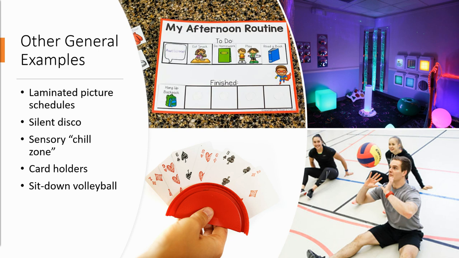Card holders is an example of if a child has difficulty with the fine motor control that can be helpful during activities, and it can be helpful just for all children and doesn't have to necessarily isolate that one child. And then finally, sit down activities are pretty good, like sit down volleyball, in which those with and without physical disabilities are able to participate in the same sport together.